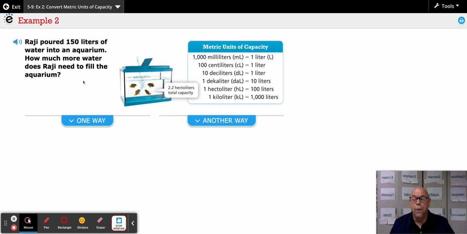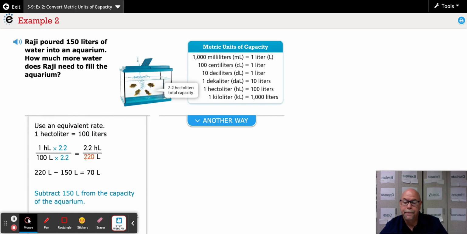So here's one way, and we'll go through the ways the book does it, and then I'll do it the way that I would do it. They start with the equivalent rate of 1 hectoliter is 100 liters, right? Hectoliters here, liters is here. So there's 1 jump, 2 jump, okay? So they're going to be multiplying it by 100.